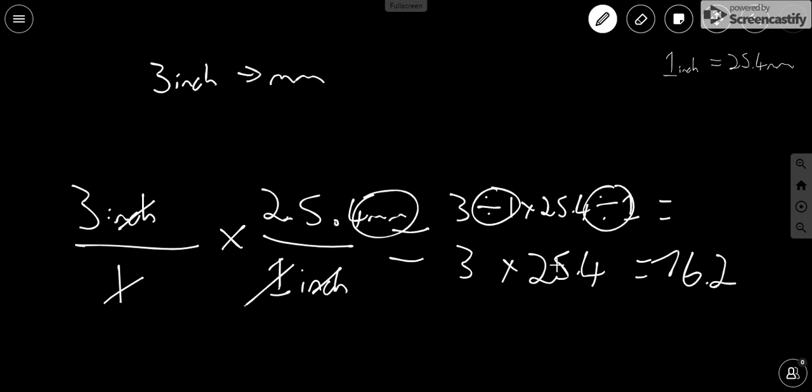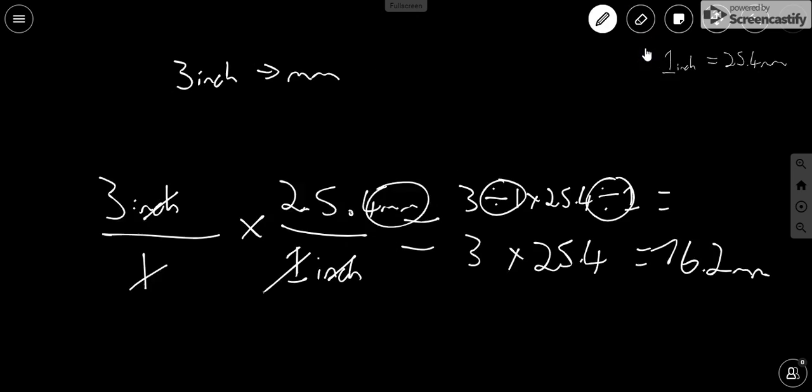So what we're left with is 76.2 millimeters. That's how that works.